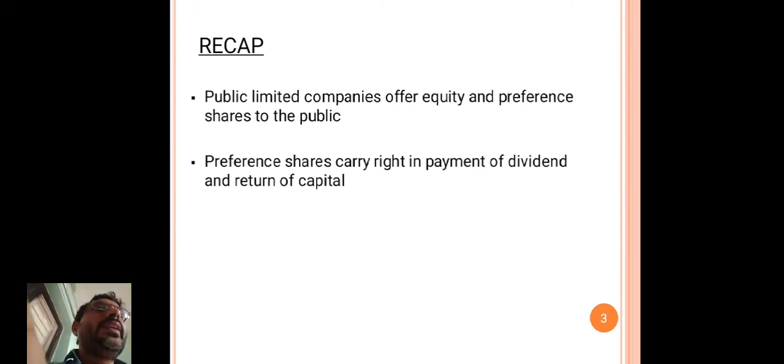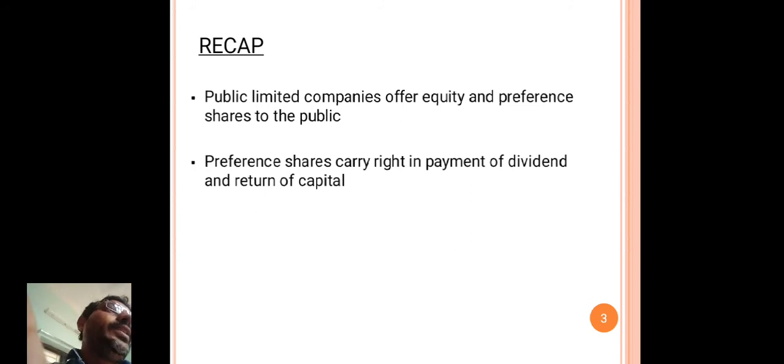Here the rate of dividend is fixed. The rate or the amount of dividend is fixed for the preference shareholders.